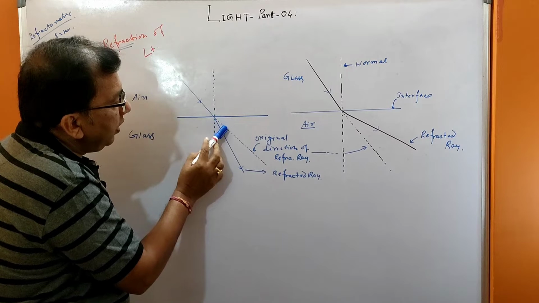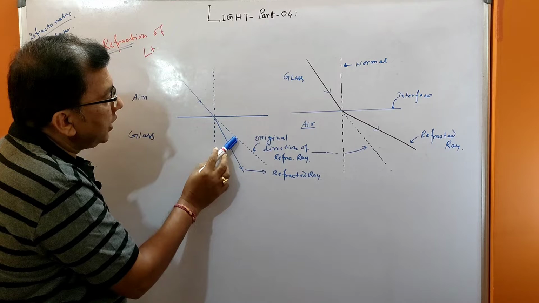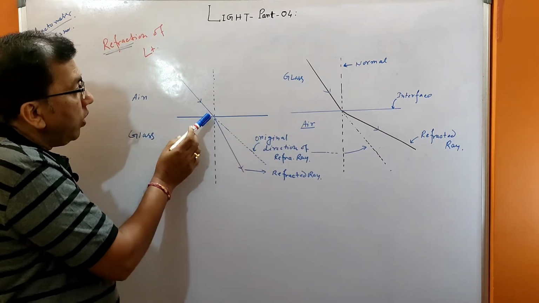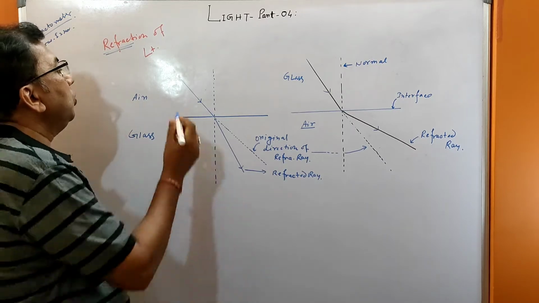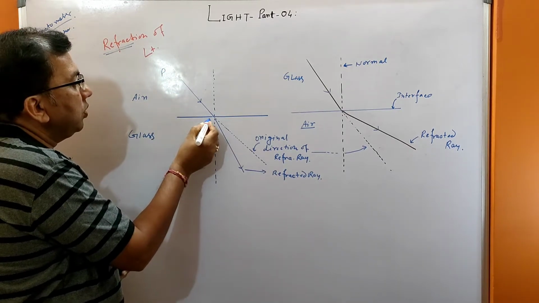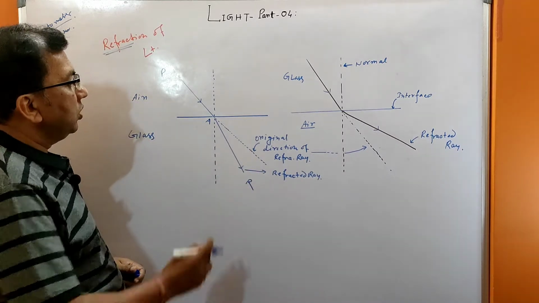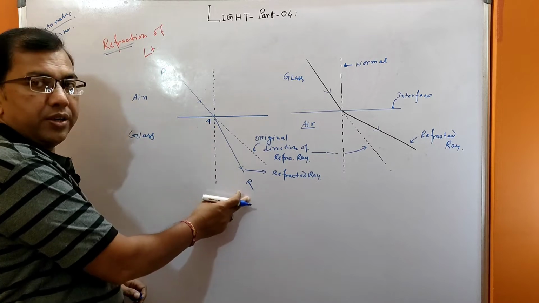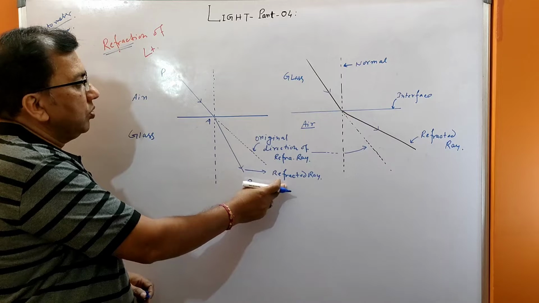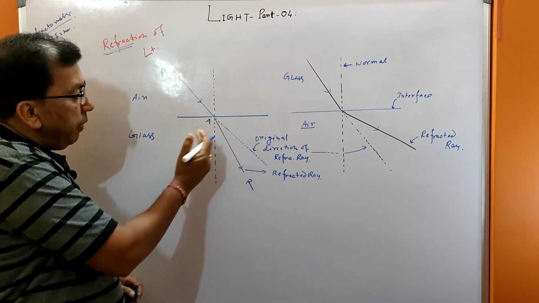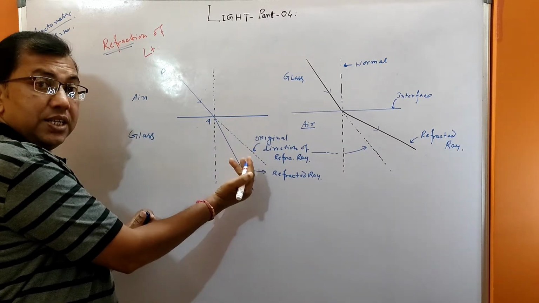This is the original direction of propagation, and this is the refracted ray. This is the normal. So PA is the incident ray and AR is the refracted ray. It bends towards the normal.